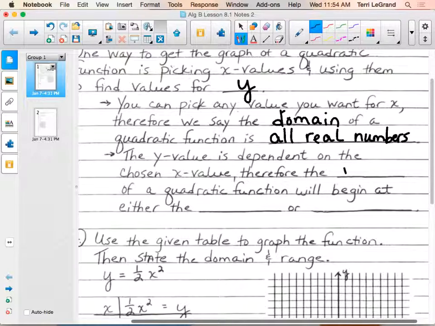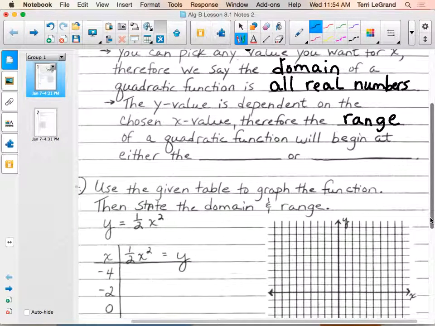So the y values make up the range. So therefore our range, when we have to identify that range like our goal says, we know that we have this U-shaped graph. It either opens up or it opens down. And the y values are the up and down, aren't they? So if I have this graph that opens up, tell me something about it.